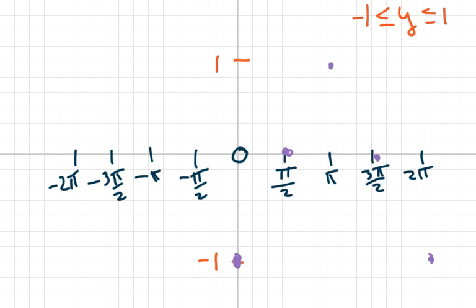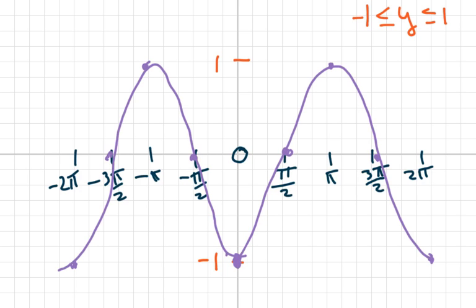I know it's going to go up, so I'm going to make a V shape here as well. Okay, and when you draw it, just make it curvy, don't make it pointy. And that's the reflection about the x-axis. So this is y equals negative cosine of x, or theta, calling it x. So that's x, and this is your y.